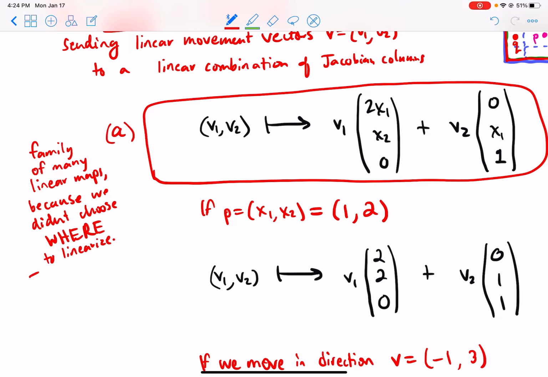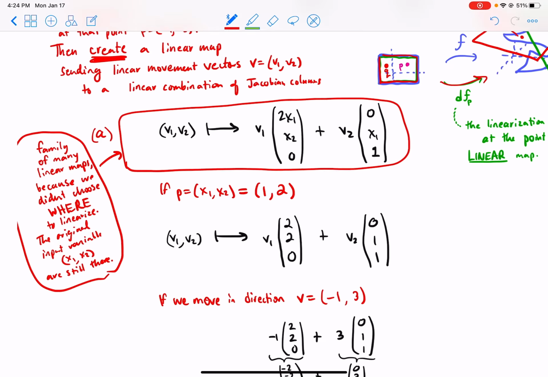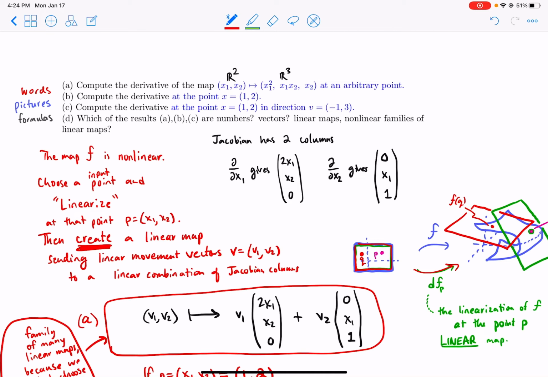In other words, the original input variables, in this case x1, x2, are still there. They haven't been plugged in with numbers. So it's sort of like a nonlinear family of linear maps. That's what it is. Now, what about linear maps and numbers?